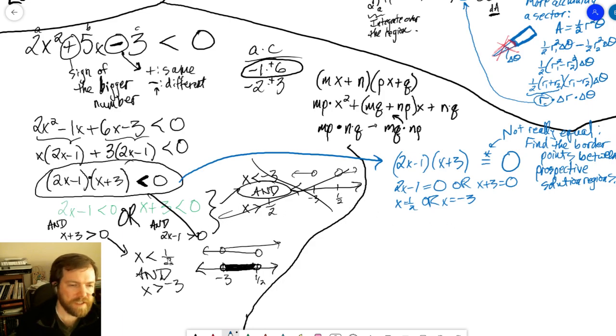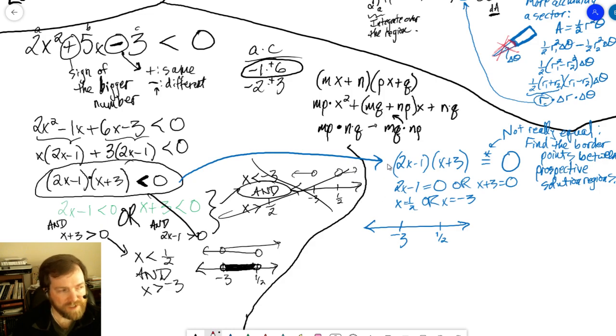Again, we've already seen these numbers pop up from this side, but we're going to do this again as test values. So the solutions to this are -3 and a positive 1/2. But the test values are going to be something out here. So I'm going to do -4, I'm going to do 0 in between, and I'm going to do 1 outside on the positive side.